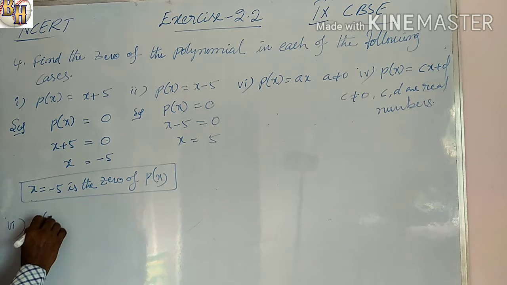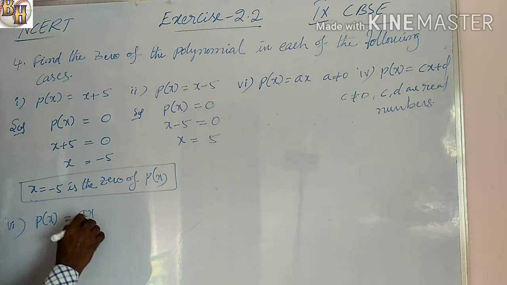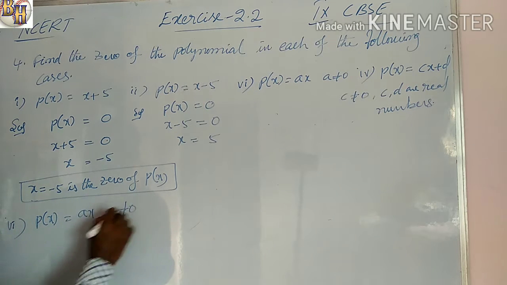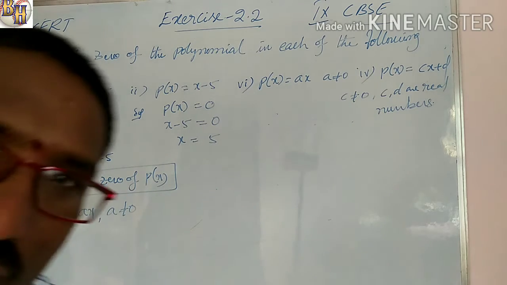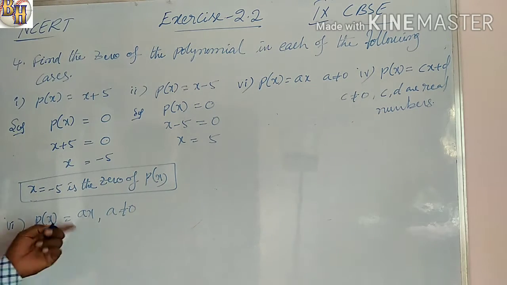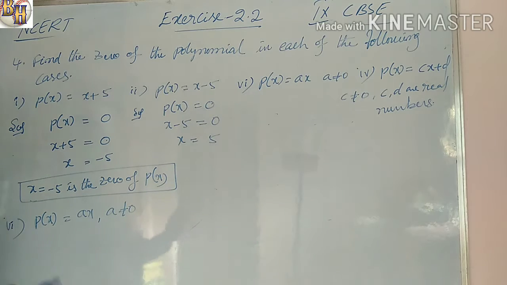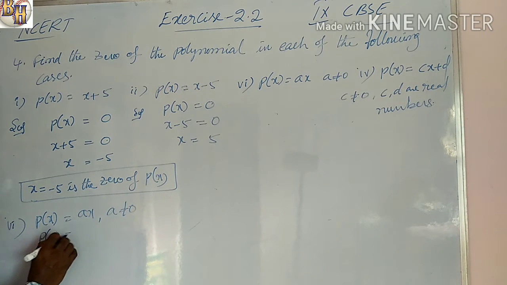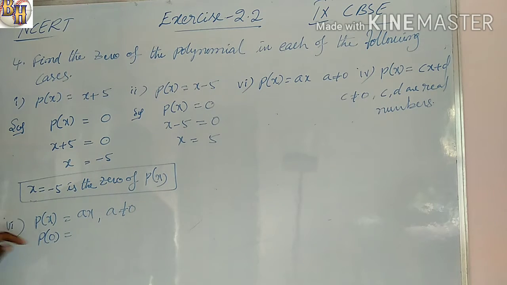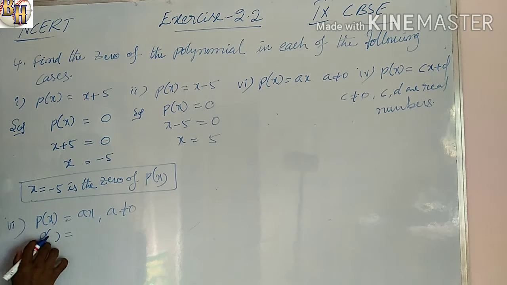P of x is equal to ax, a not equal to 0. The condition a not equal to 0 is given here. If a is equal to 0, the value is equal to 0. That's why it is given as not equal to 0. So P of x must be 0.